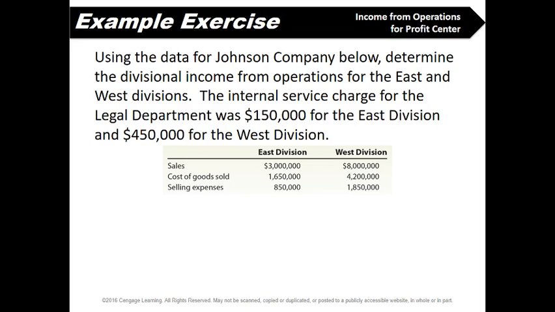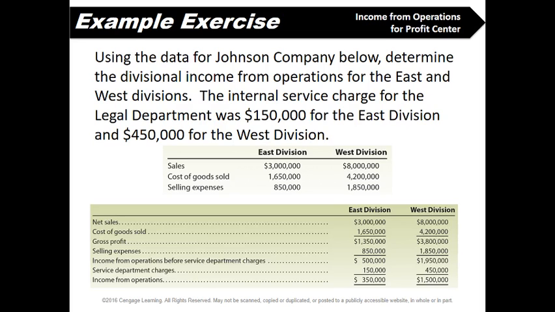We take the 3 million, we reduce that by cost of goods sold. We then reduce that by the selling expenses. And then for the East Division, they had 150,000 in legal. So we're looking at 350,000 in income from operations for the East, 1.5 million from the West.